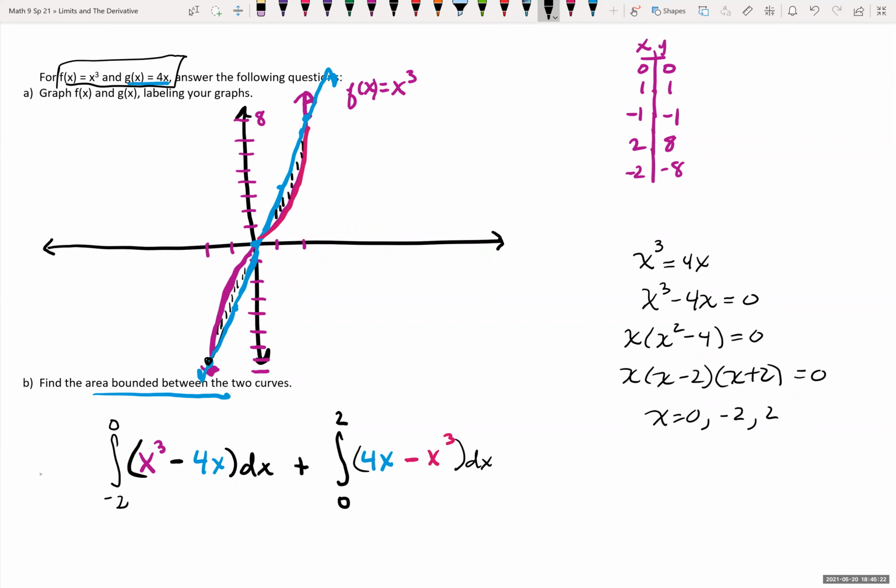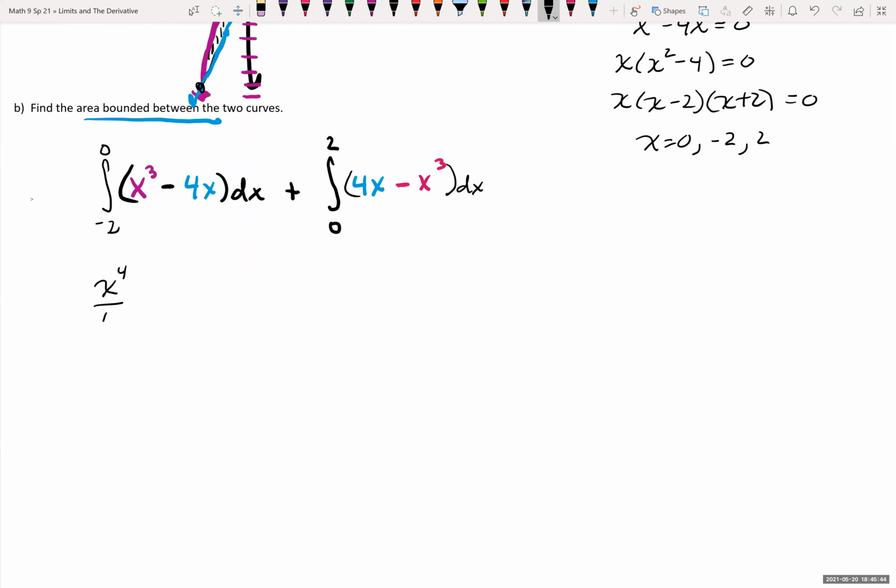Okay, so now we're just going to go through and take the definite integrals of each of those and evaluate it. And then we have our area that's bounded between the two curves. And so if we take the antiderivative of x cubed, that's x to the 4th over 4, minus the antiderivative of 4x is 4x squared over 2. And we're evaluating that from -2 to 0.